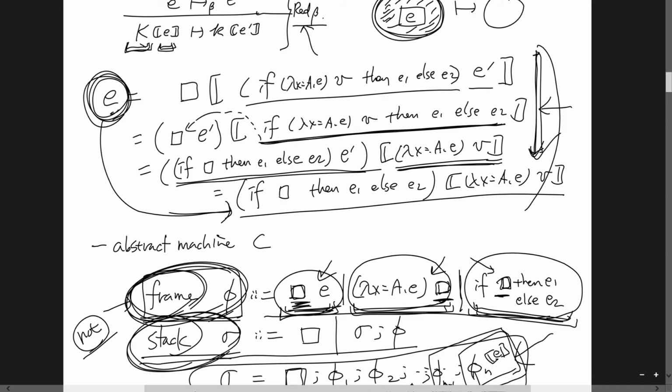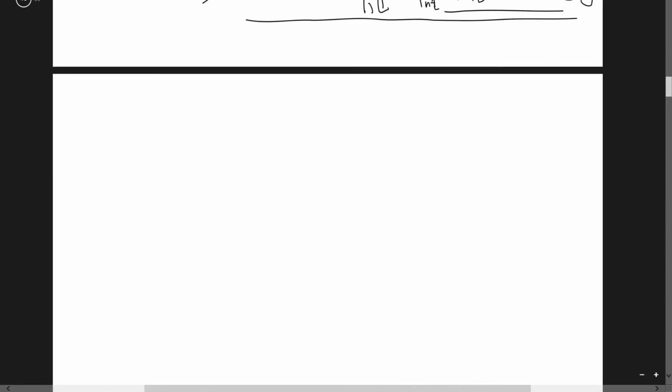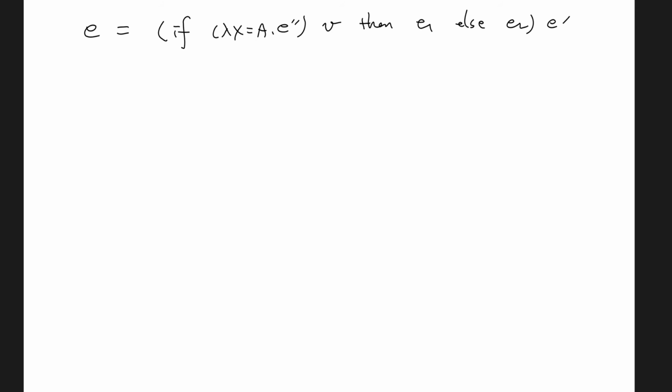So the expression is if (lambda x e dot e double prime) value v, then e1 else e2, applied to expression e prime. So we'd like to analyze this expression.